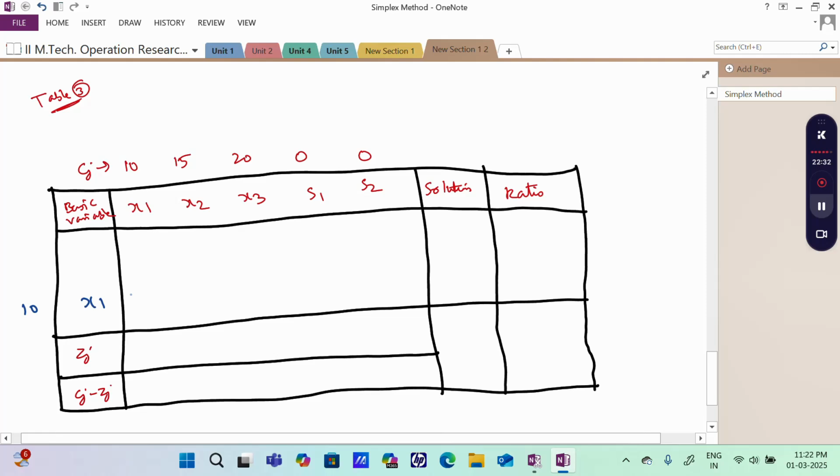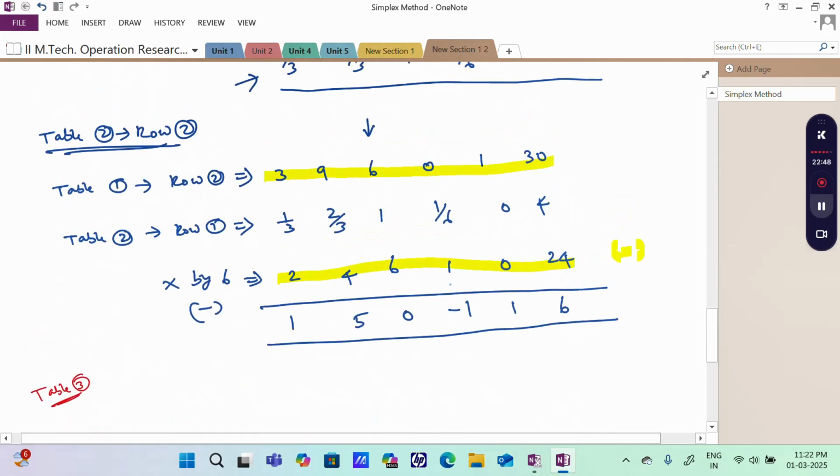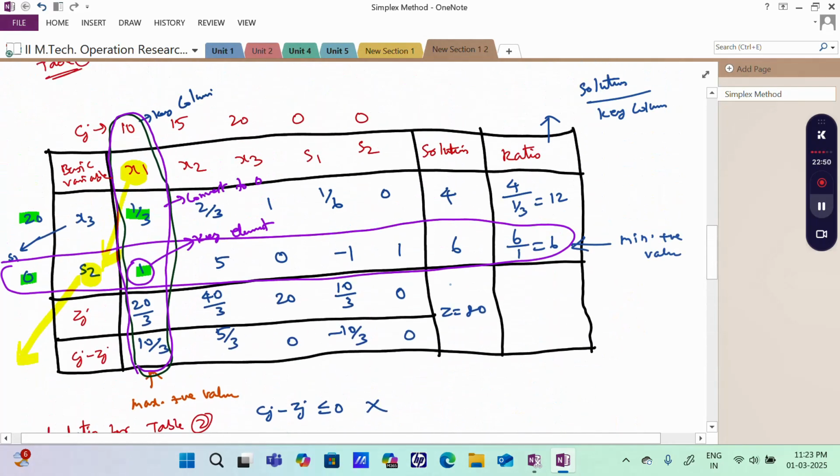This value is actually 1, so no change, because the key element converts into 1 and it is already 1. We write it as usual: 1, 5, 0, minus 1, 1, 6.